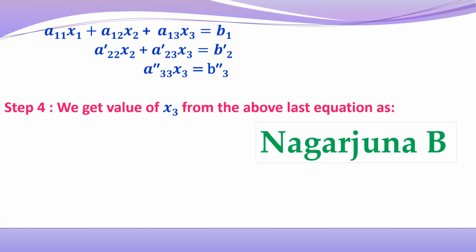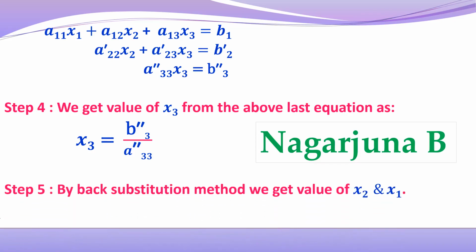From this particular equation we can write x3 is equal to b double dash 3 divided by a double dash 33. So from this we get the value of x3.